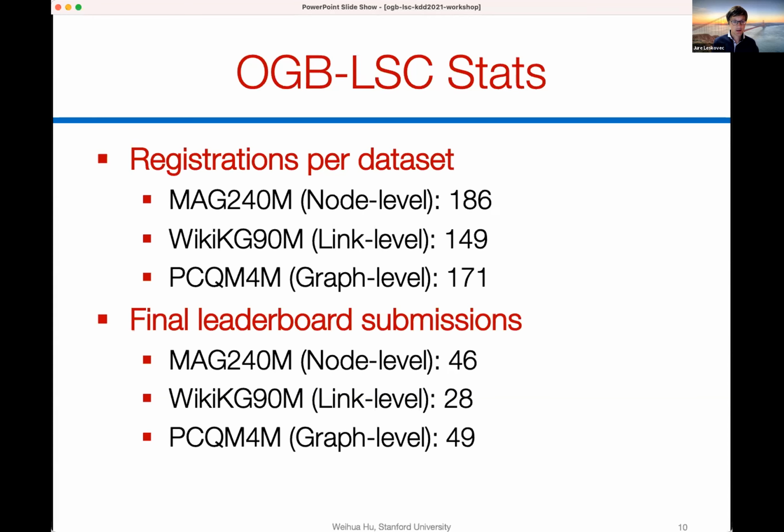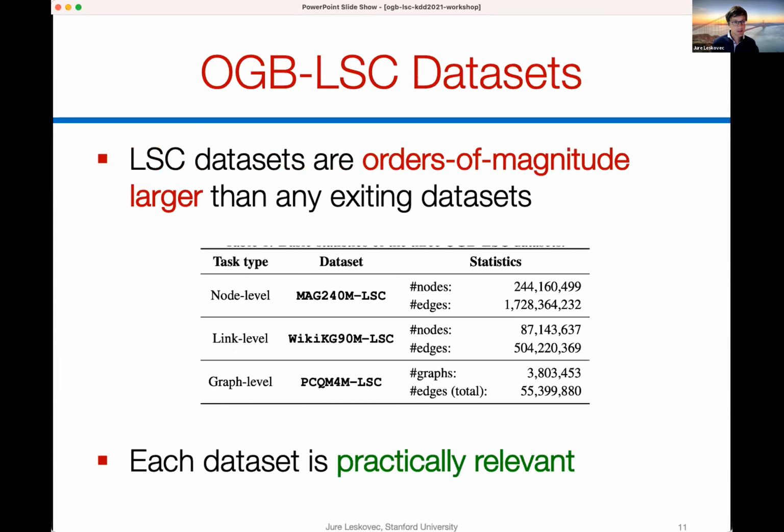And at the end, the node level and graph level received about 50 submissions, and the link level, the link prediction, received 30 submissions.